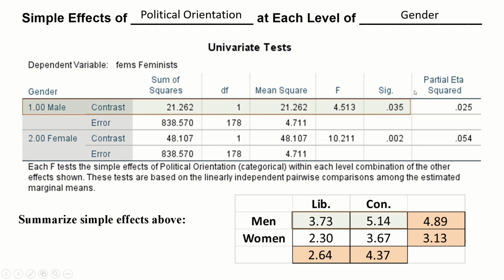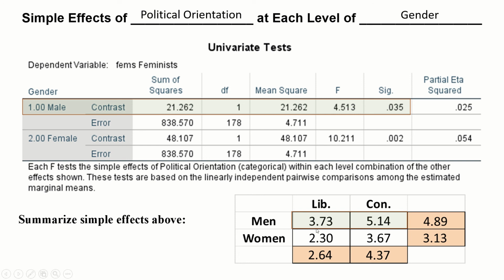In the first row here, we have the simple effect of political orientation for men. We're looking at the difference between these cell means. Here our sig value is 0.035, which is significant. So the simple effect of political orientation is significant for men.